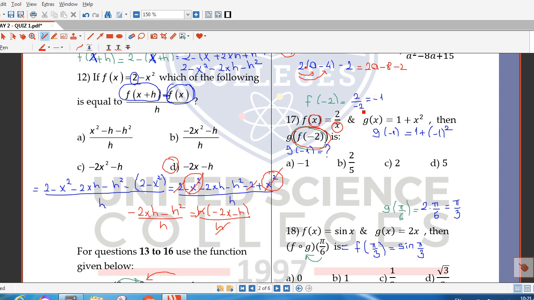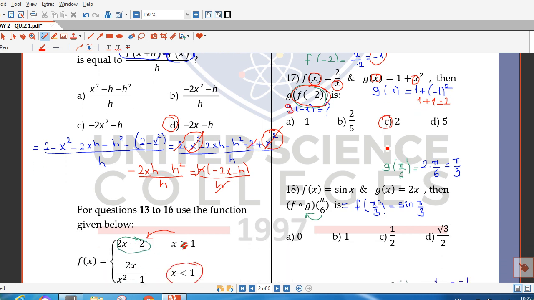So 2 over negative 2 is negative 1. The value that you found for f of negative 2 is going to be replaced. So your question becomes g of negative 1. In this case, write negative 1 in the function g instead of x. So 1 plus negative 1 squared, 1 plus 1 is equal to 2. Answer is 2.